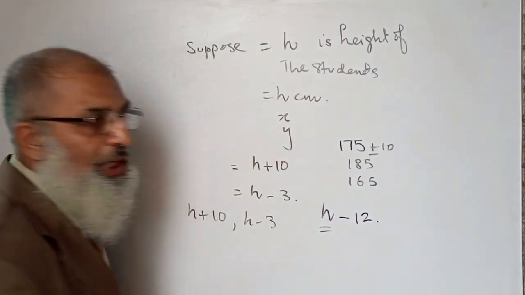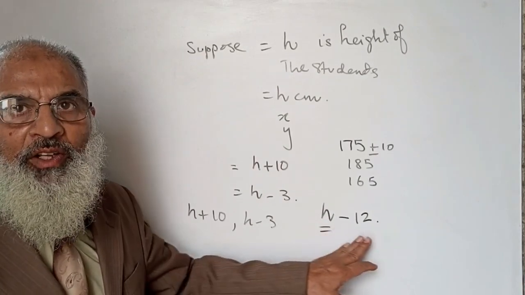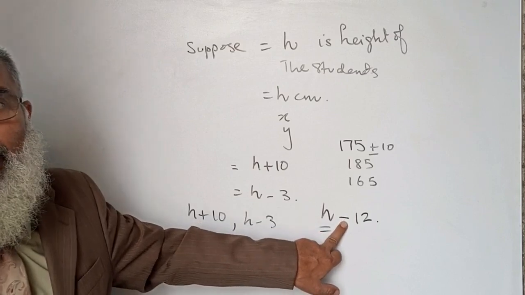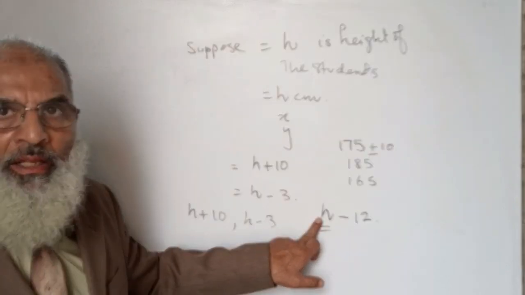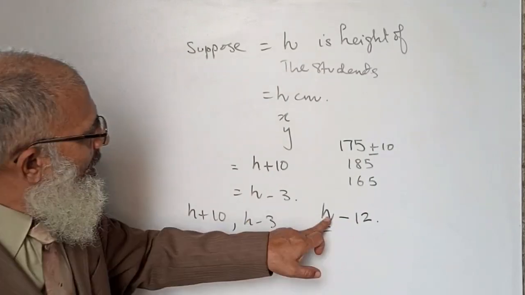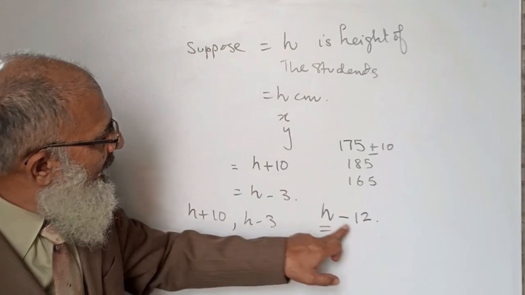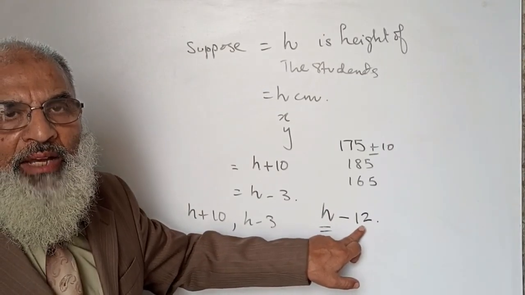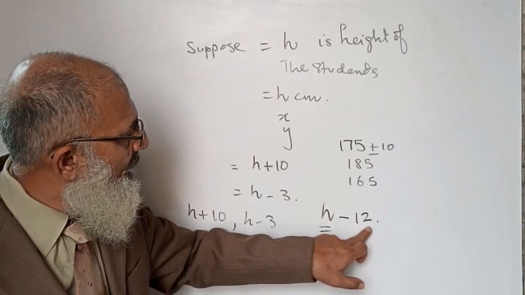Now this is the whole expression. h is the average height, and you see that we have just put a subtraction sign from the average. This is the average height, and we are lesser than the average height by 12 centimeters. So we write h minus 12.